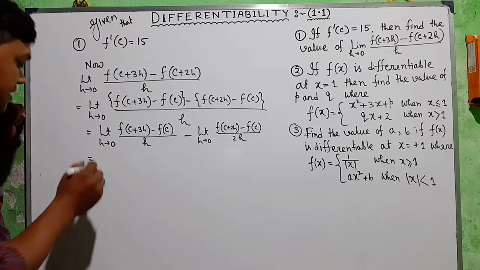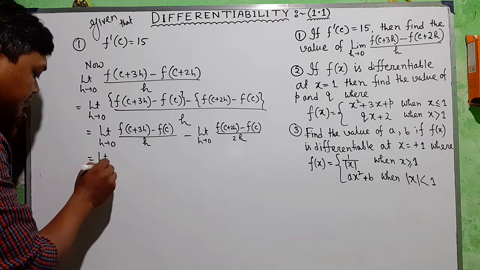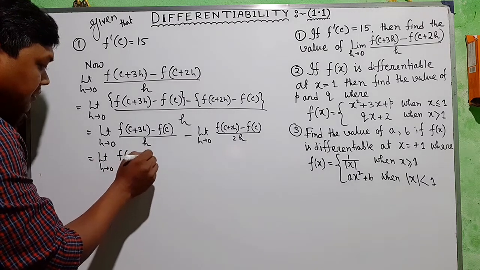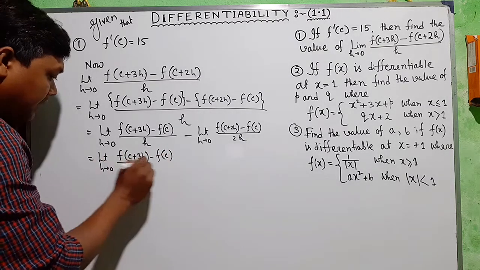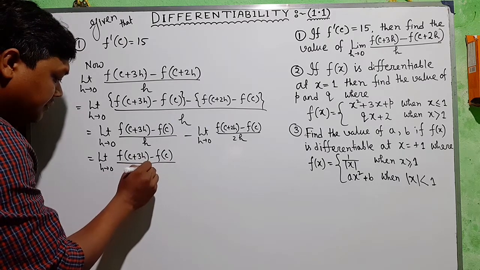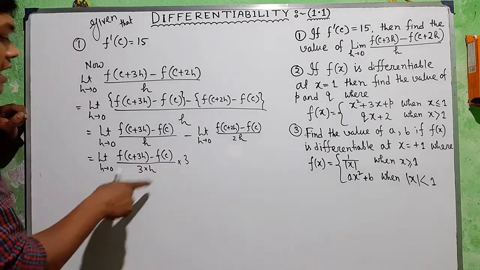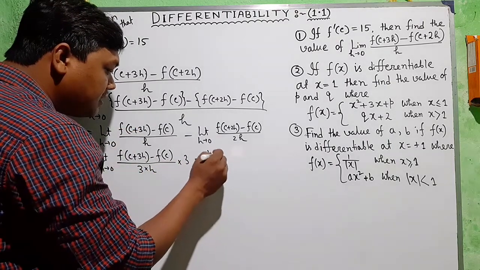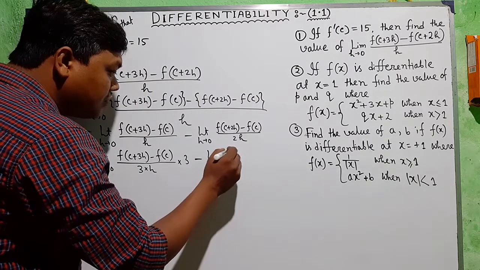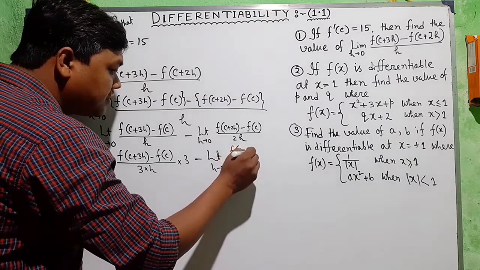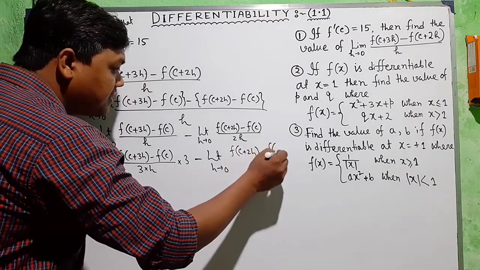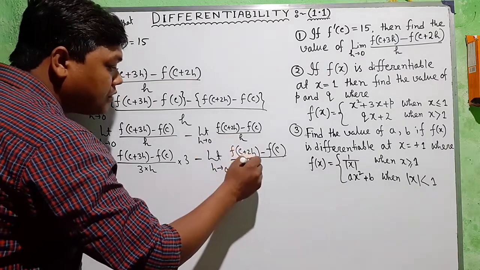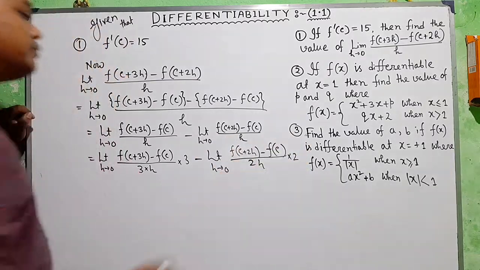And now I adjust here: limit h tends to 0 of f of c plus 3h minus fc by 3h, into 3. I adjust 3 here because 3h is present. And similarly, limit h tends to 0 of f of c plus 2h minus fc by 2h, into 2.